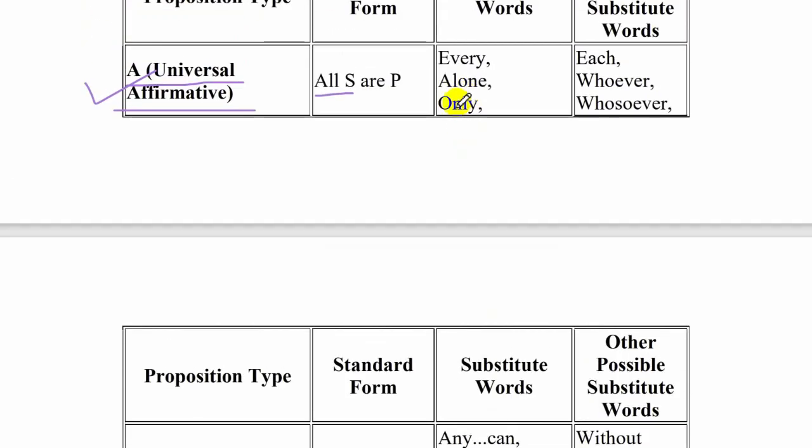Every, alone, okay. Every human being needs to breathe. So every means all. Alone means separate. So all S, alone. Only is also all. Each is also all. Whoever, everybody, they are talking about. Whosoever, everybody. Each means everyone.